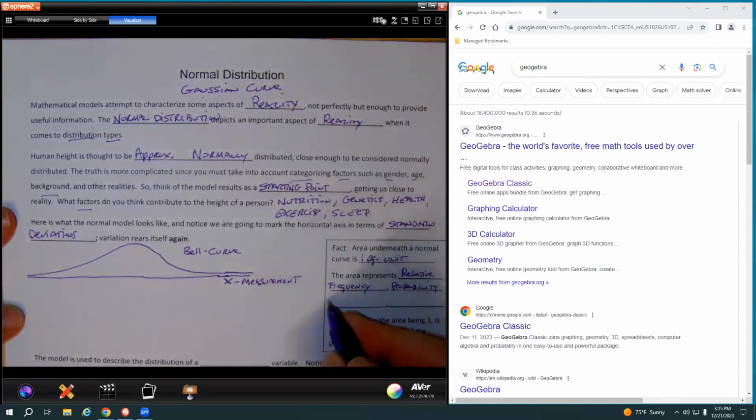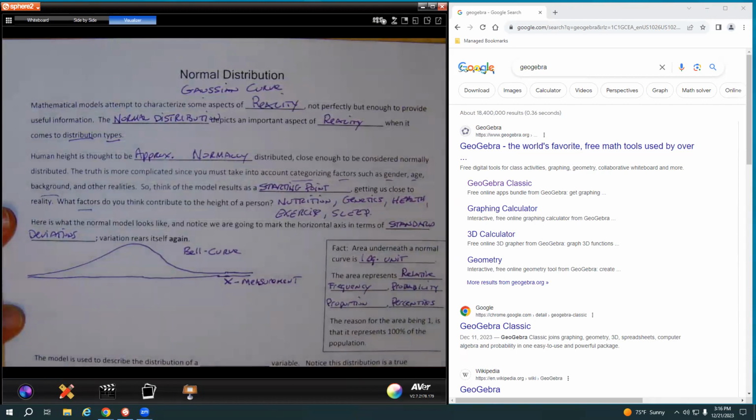A proportion, some percentiles. Okay. Now, the reason for the area being 1 is that it represents 100% of the population. So again, remember, you cannot have more than 100%, less than 100%. And this curve is also part of something else, which I'll mention in a minute. I don't want to get ahead of myself.